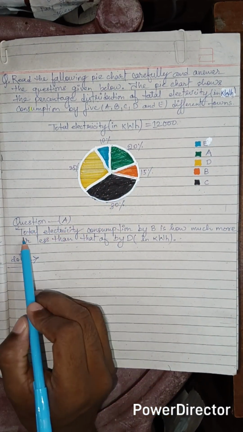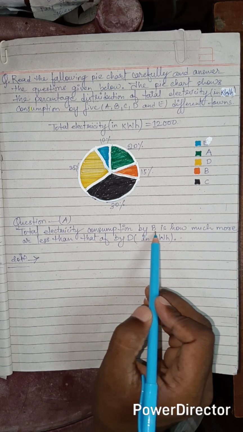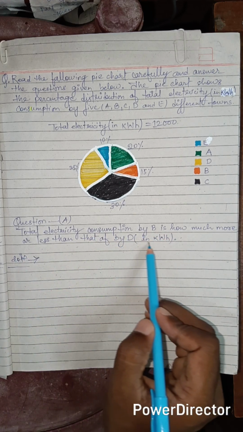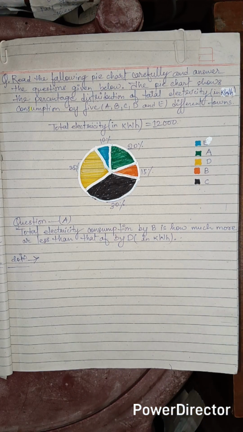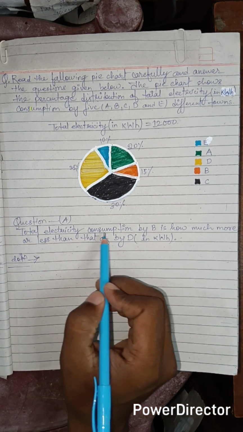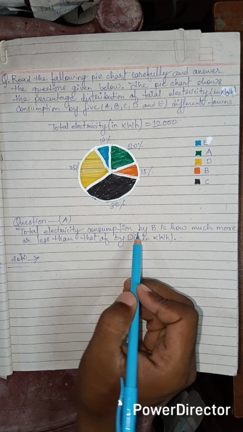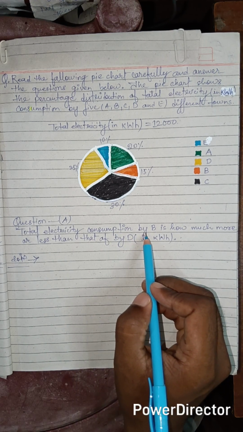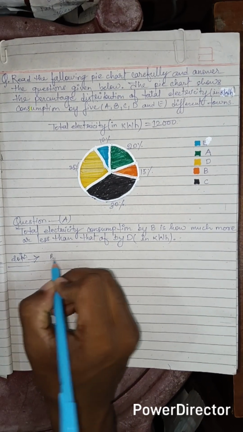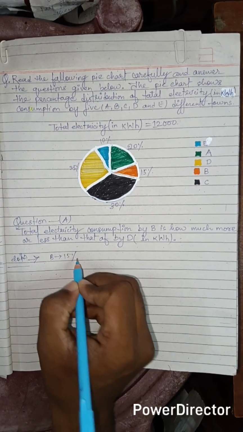The question is: total electricity consumption by B is how much more or less than that by D, in kilowatt hour. Here the total electricity consumption by B is 15%.